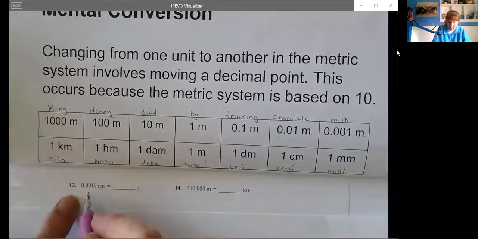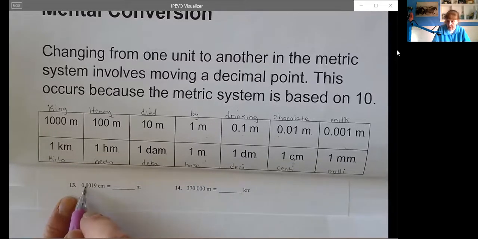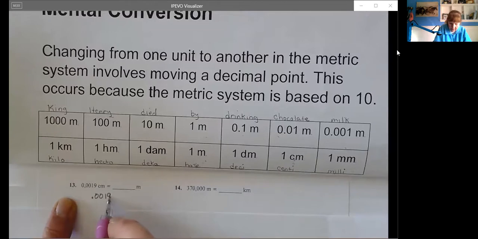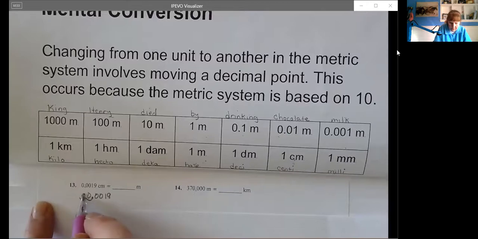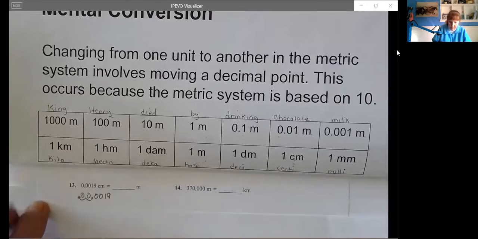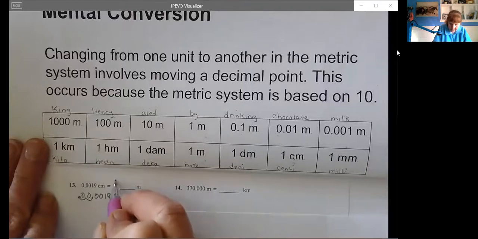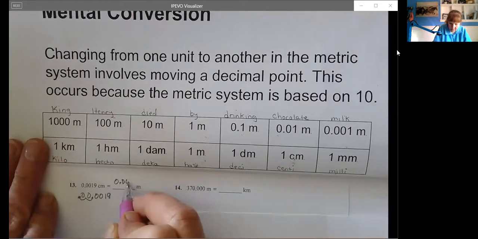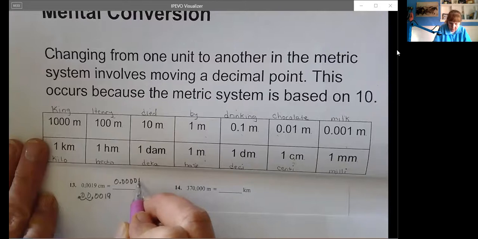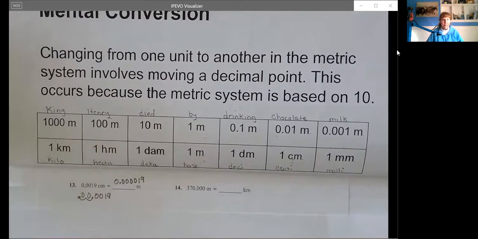So you're going to move it 2 to the left from where it's at right here. So it's even going to be smaller. I'm going to write it down just to make it a little bit larger. So this is where it's at right now. I'm going to move it over 1, 2. Which means we'll have 0.000019 meters. That's how many centimeters. They're equal to each other.